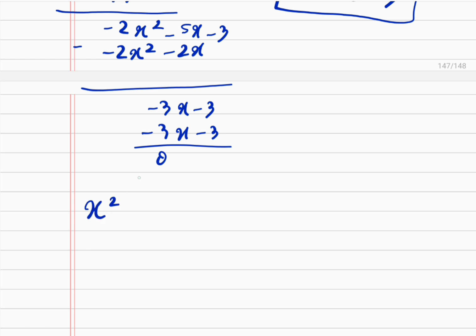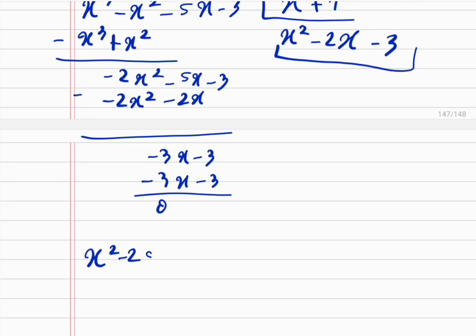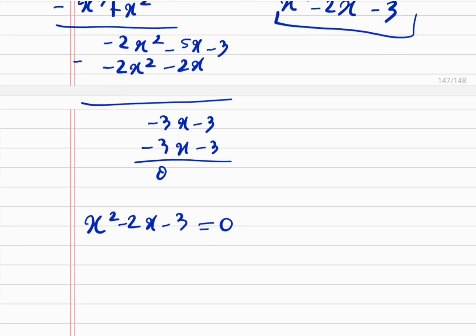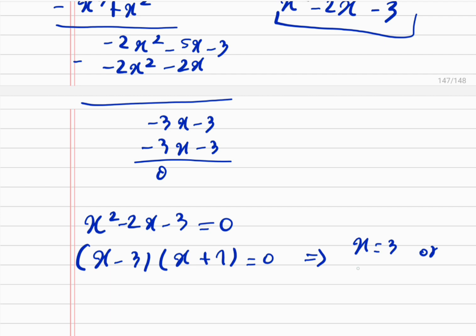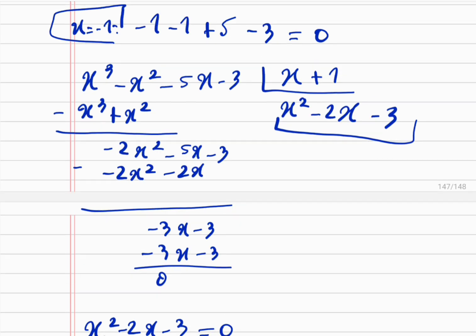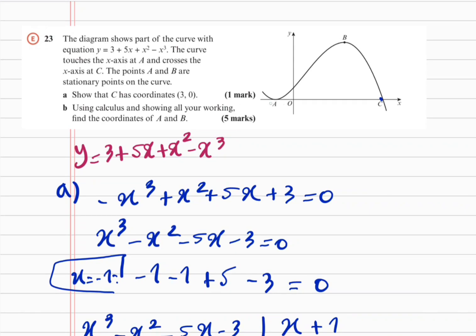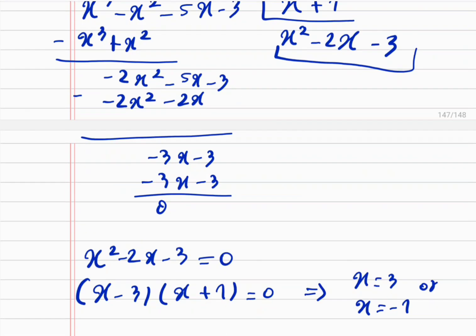So now we solve x squared minus 2x minus 3 is equal to 0. We can factorize this to x minus 3 times x plus 1 is equal to 0, which means the solutions are either x is equal to 3, or x is equal to -1. We have already found x is equal to -1, because that's a repeated root in this case, and as you can see, the curve touches and continues.